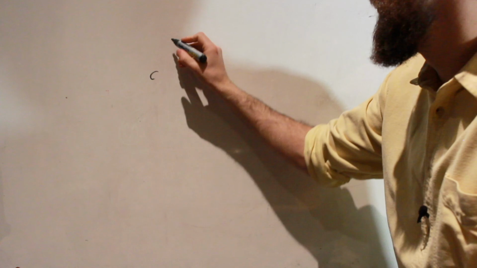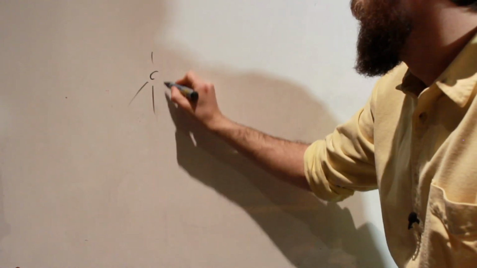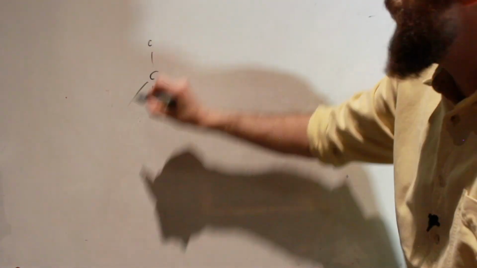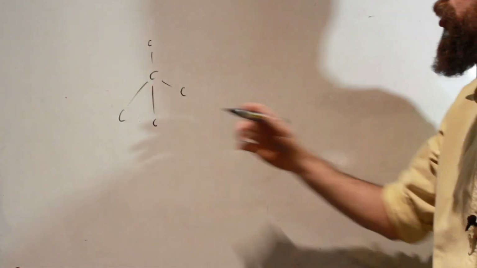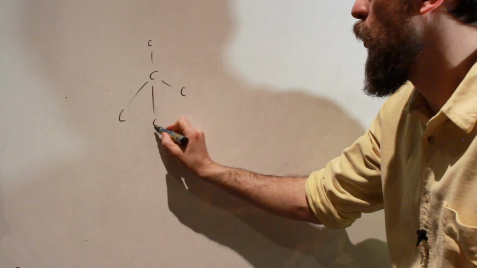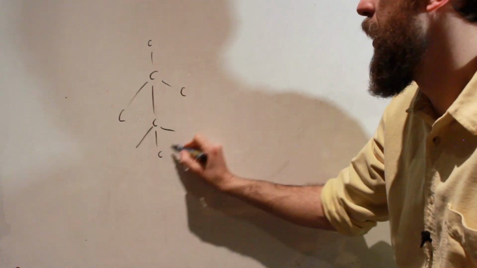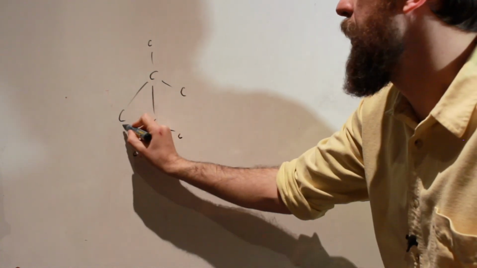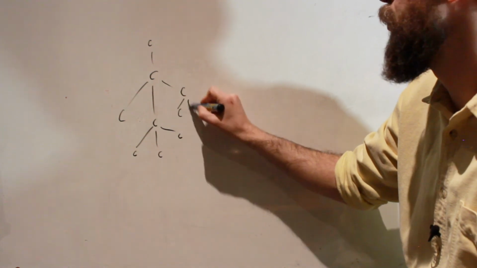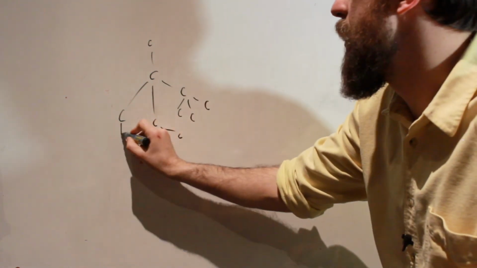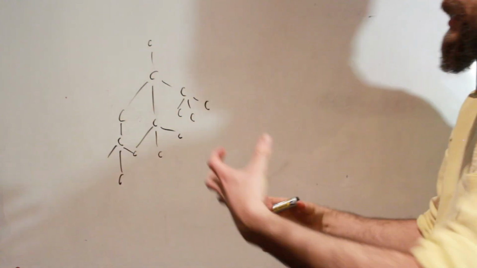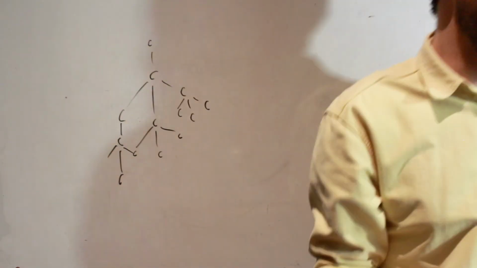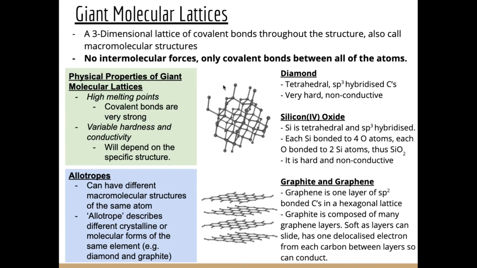So I have a carbon, I have my tetrahedral arrangement like that, and each of these covalent bonds is bonded to another carbon that is also sp3 hybridized, bonded to 4 other carbons in a tetrahedral arrangement, and then we get these bonded to each other, and it all becomes interlocking and very strong and very ordered, and it would look like this diagram here.